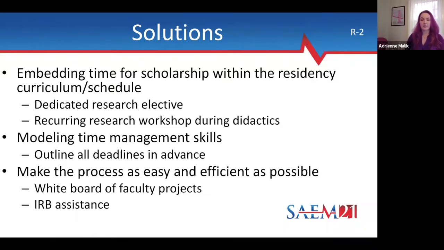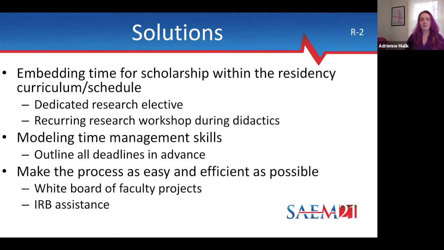Additionally, one of the things that we can do for them is sort of provide them with an outline of how they can balance their time and sort of squeeze in little time frames where they can do research by kind of showing them how we set aside time in our own schedules to take care of research ourselves.